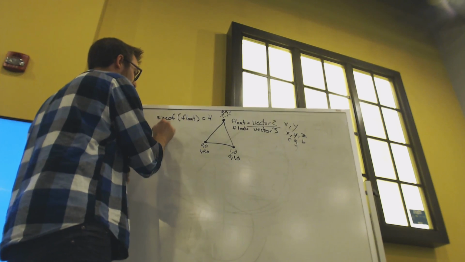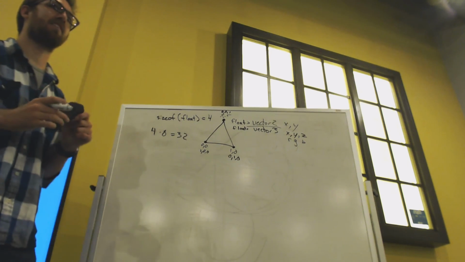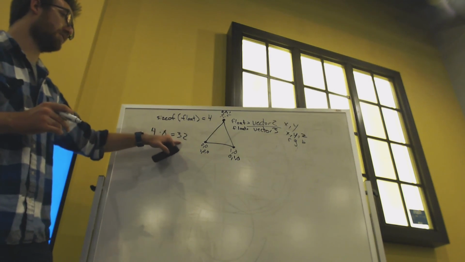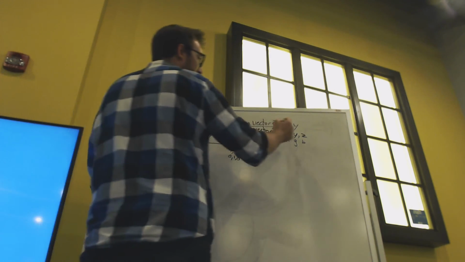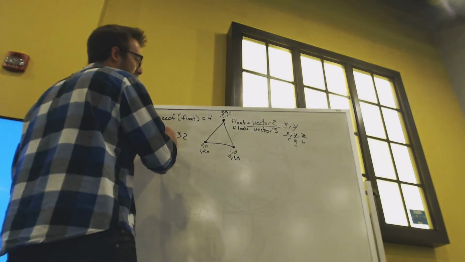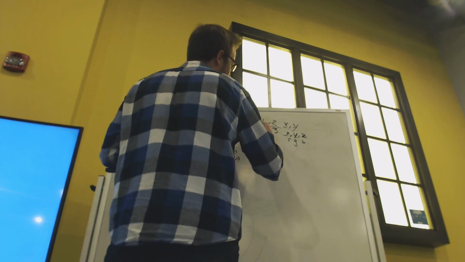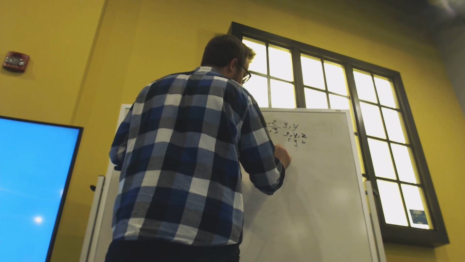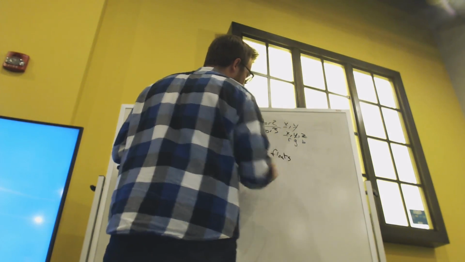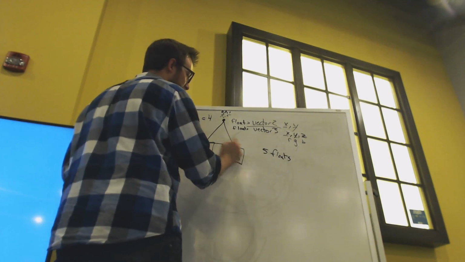So 4 times 8 equals 32 bits of data in a single float. And so each one of these has x, y, and z. I think I'm getting this right. So we've got 5 floats that we want to define per vertex here.